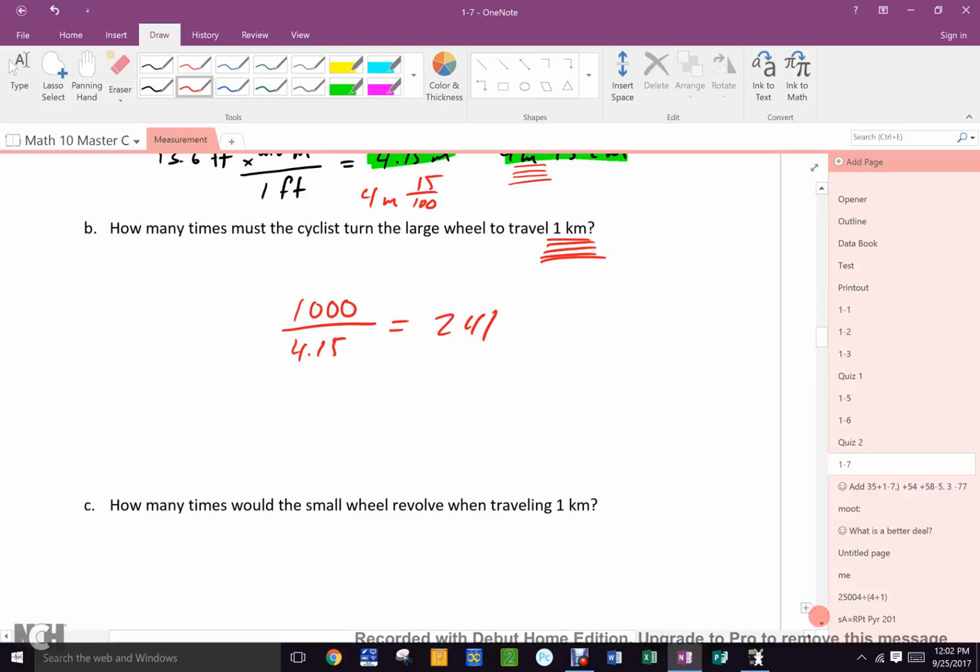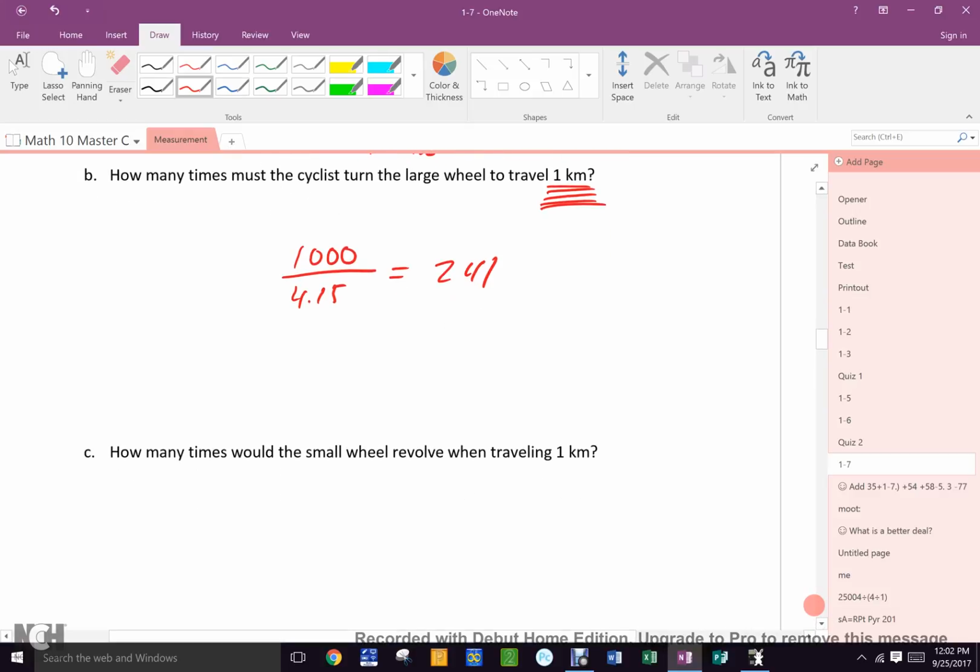Now, okay. For the little one, it's the exact same thing, except it was an 18-inch diameter, right? So, the circumference equaled pi d, which was 18 times pi to get it in inches, yes?